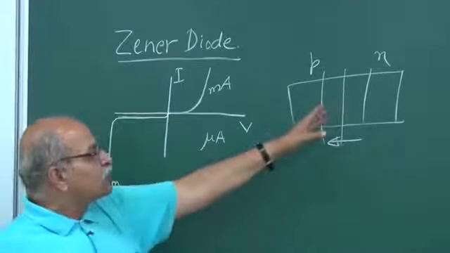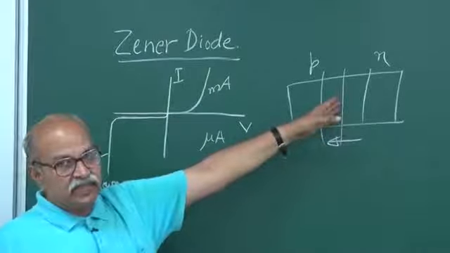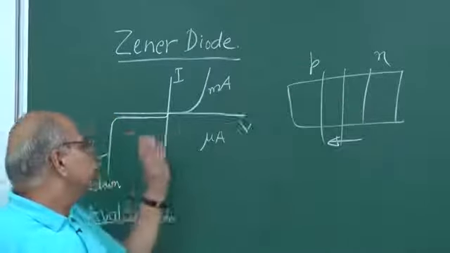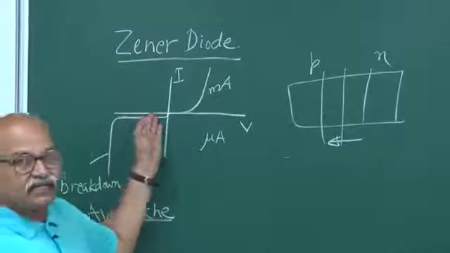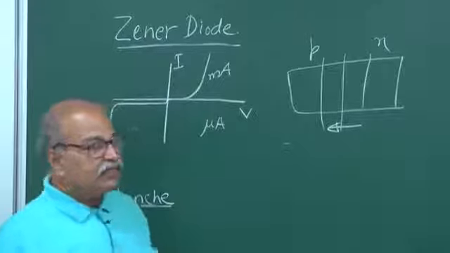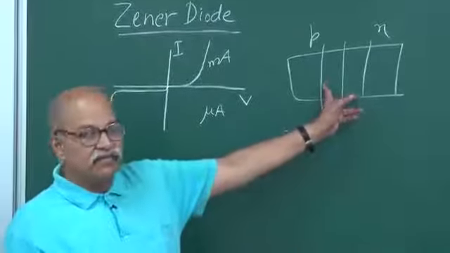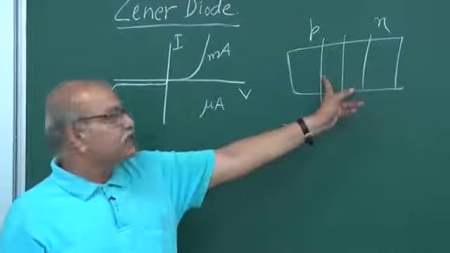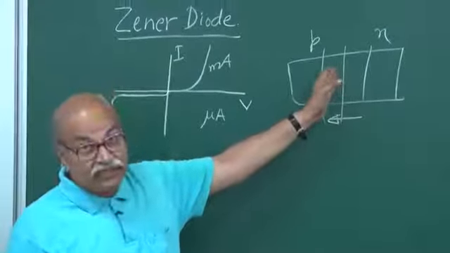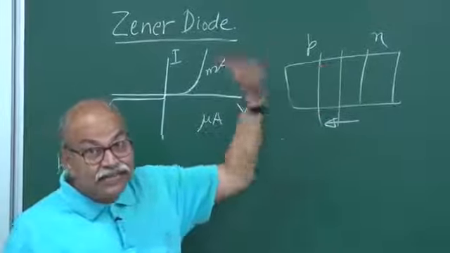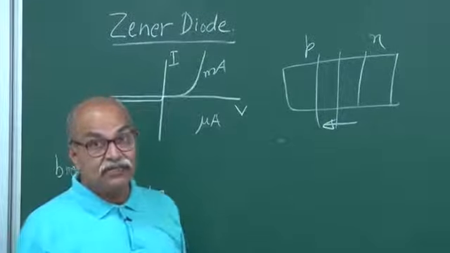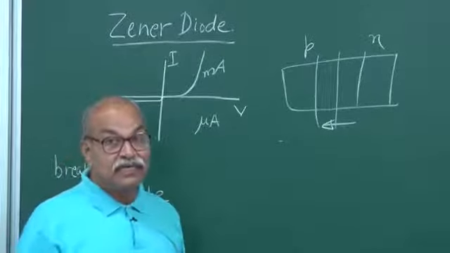Any electron-hole pair which is here, or the minority carriers which are giving rise to this reverse current, they are accelerated by this field. If the region is wide enough and the electric field is able to impart enough energy to the charge carriers, they collide with the atoms and break the bonds, so that new electron-hole pairs are created.